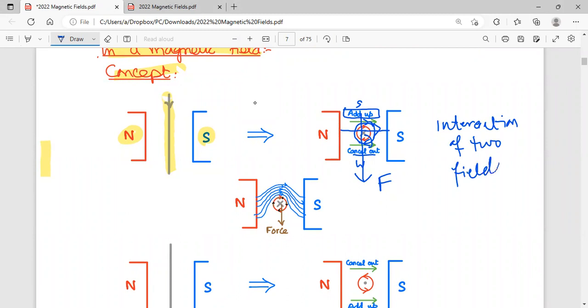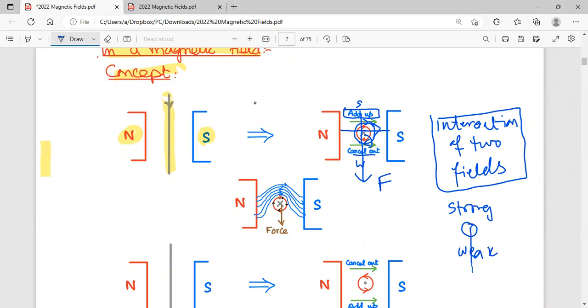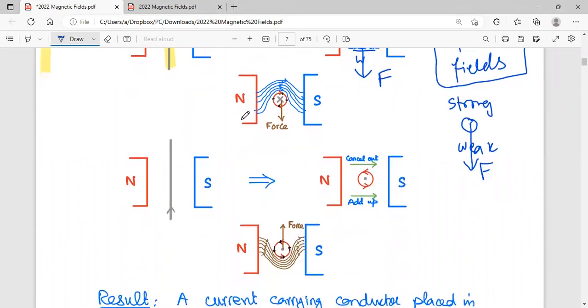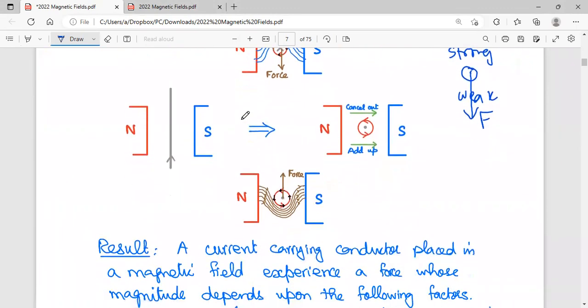The two fields interact with each other and create a stronger region on one side of the wire and a weaker region on the other, with the wire in the middle. The stronger field will push the wire towards the weaker region. That's how the force acts on the wire. So the main thing is the interaction of the two magnetic fields.